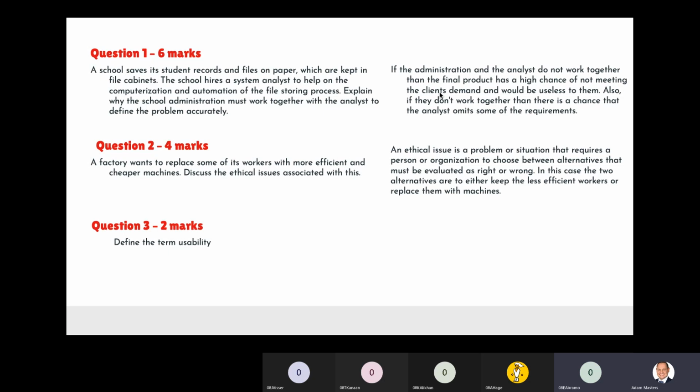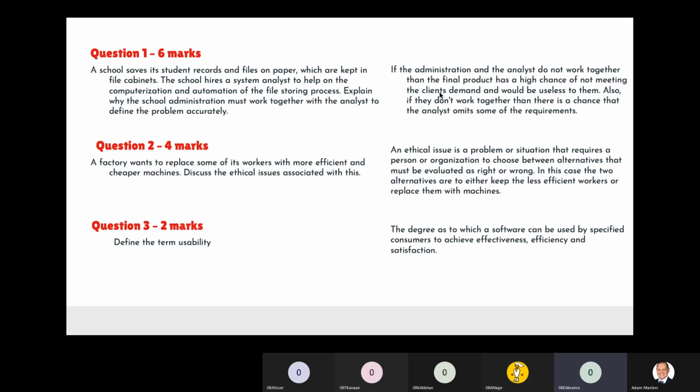Okay, final question. This one's easy, the easiest. Define the term usability. Anthony. It's how easy it is to operate the system or device for the user.